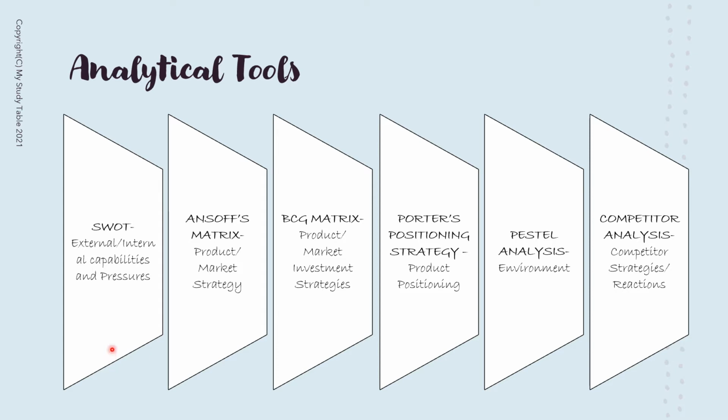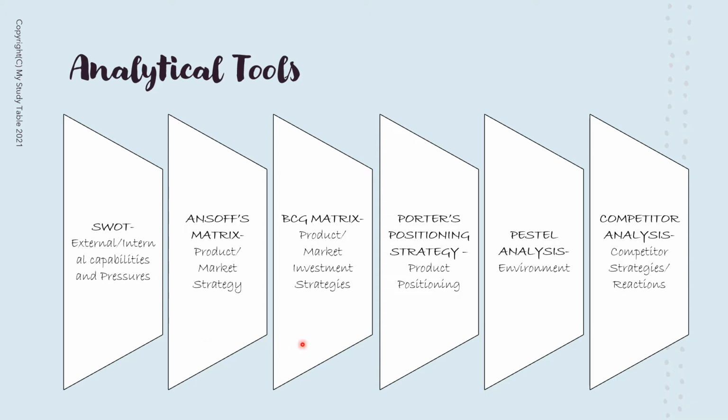The first one being SWOT analysis, which helps understand external and internal capabilities of organizations and the pressures from the external environment. Ansoff's matrix, which helps in giving a direction to finding out the correct product and market strategy for a firm.